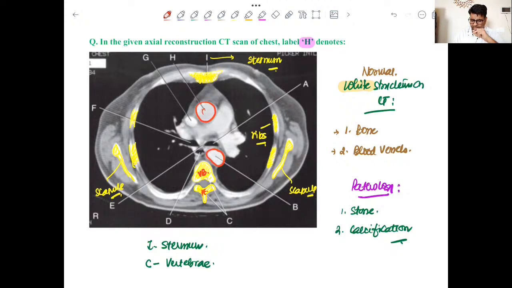So this is all aorta. If we visualize it in a different section, this is the ascending aorta and this is the descending aorta, right?